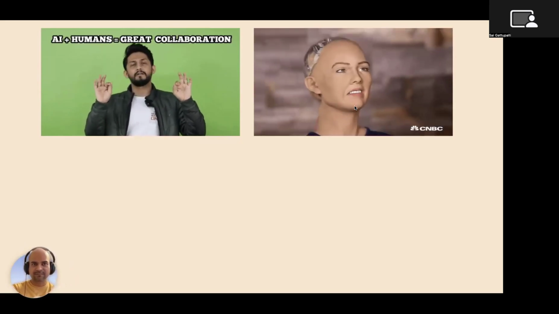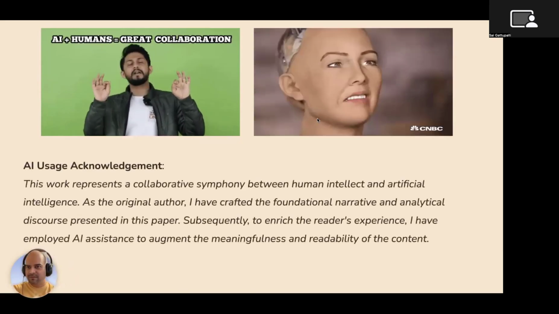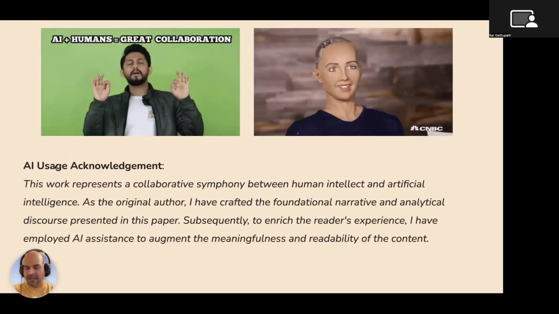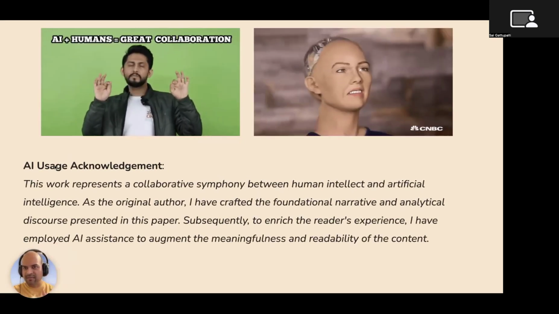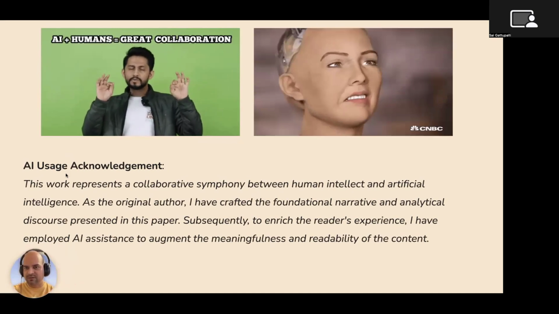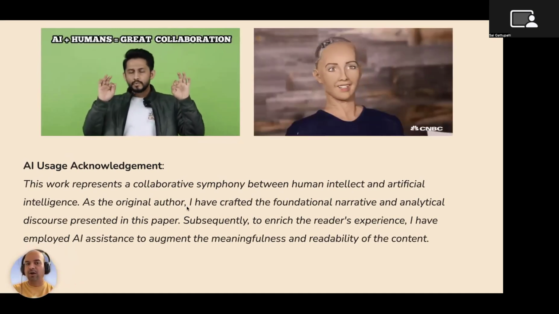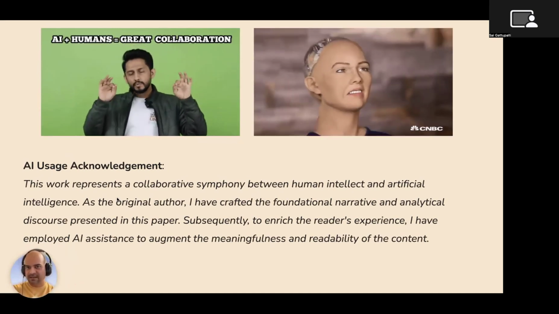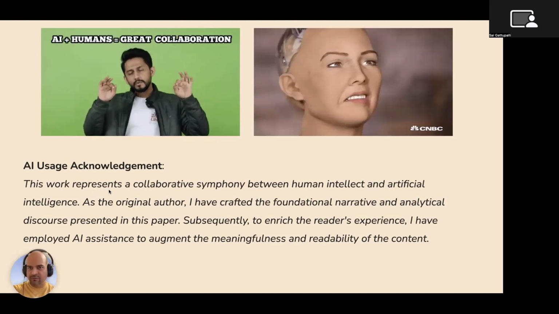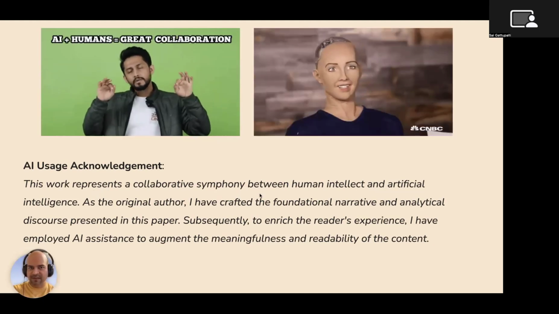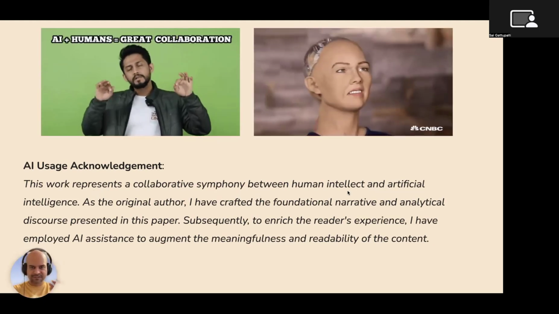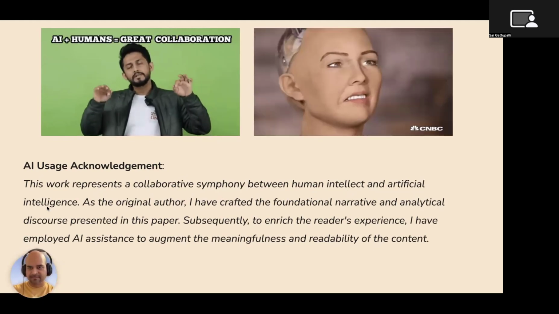That robot looks cranky. But if you do use it, at the end of your paper, Google Doc, you can just copy paste this or something like this. And it says, this work represents a collaborative symphony between human intellect, which is you, and AI.